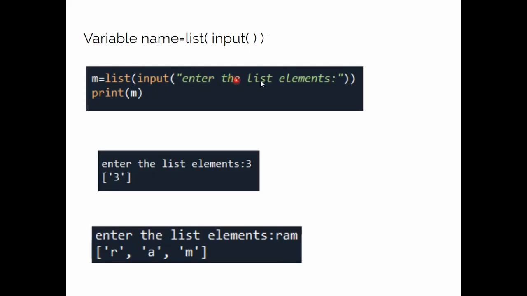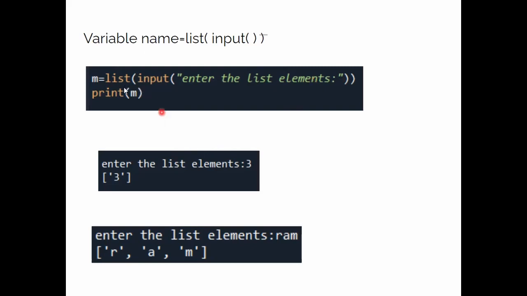So here I'm giving an instruction to the user that we have to enter the elements of the list. Whenever I create a list by using the input function, whatever value I enter will be treated as a string. Suppose, because of this list and input function, I enter the value 2. That value 2 will be treated as a string.